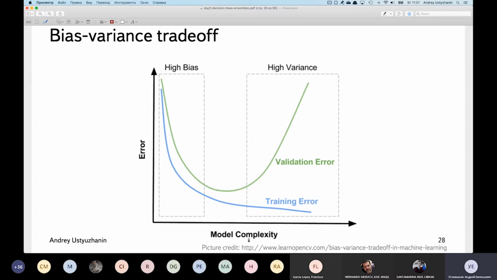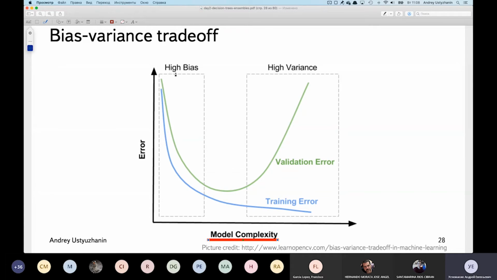It is a generic picture, so it is not 100% correlated with the one on the previous slide. There are usually different kinds of error associated with model complexity, which in the case of decision trees corresponds to the depth of the tree or the number of nodes that we have.